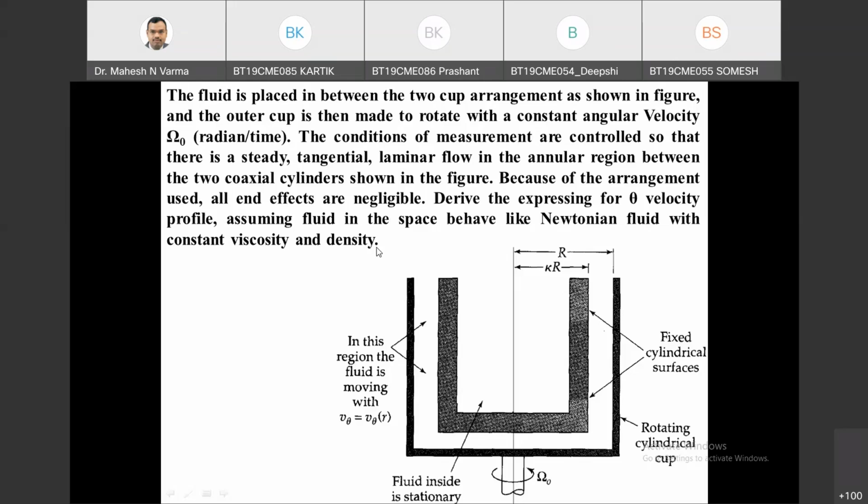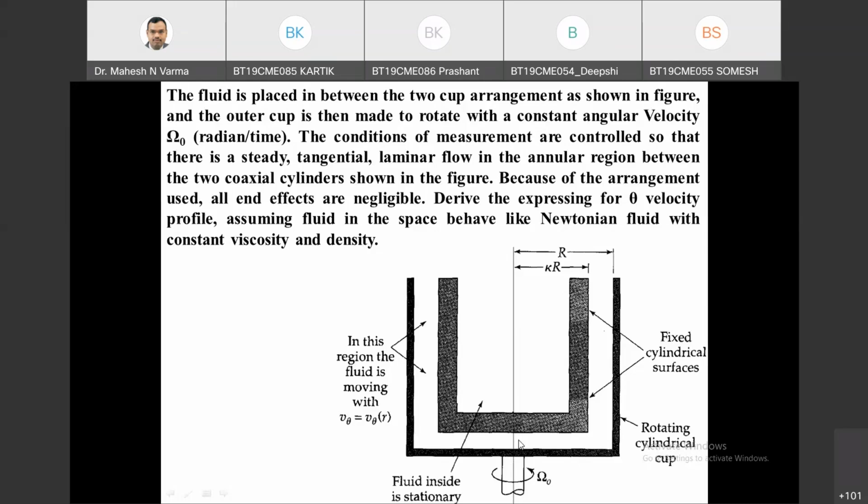Because if you look at this region, can you see my arrow, Somesh? Yes, sir. Here VR is not equal to 0 because this is rotating with this fluid, so the fluid will try to move in the outward direction because of centrifugal force. Yes, sir.